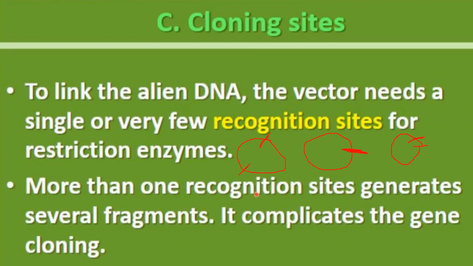So these fragments of vector will be produced, and this will complicate the cloning of the gene. Cloning of the gene means attachment of that alien DNA with the vector, right? That's why usually a single recognition site is present for any restriction enzyme in a cloning vector.